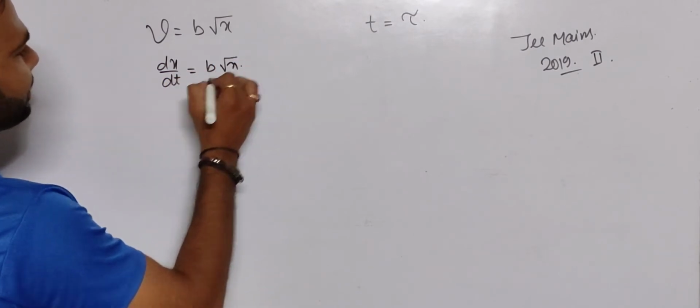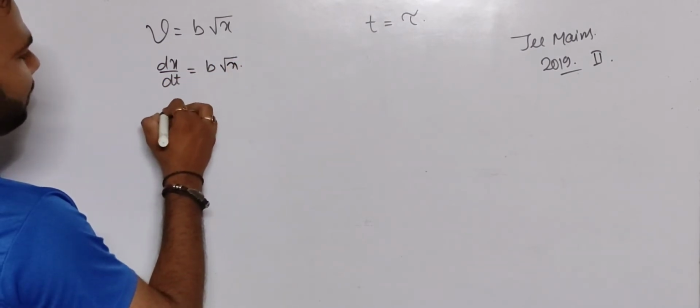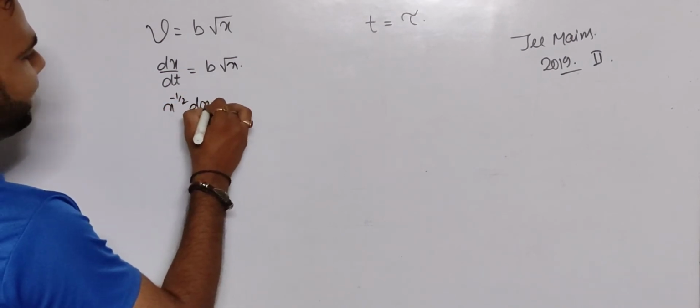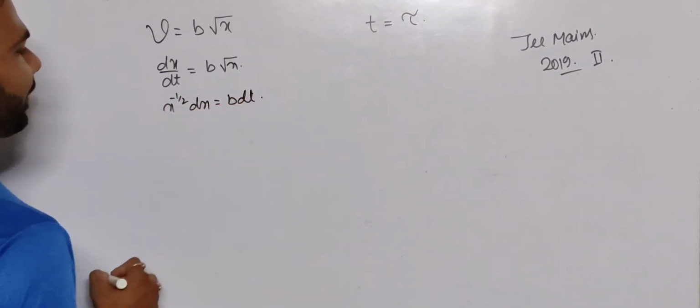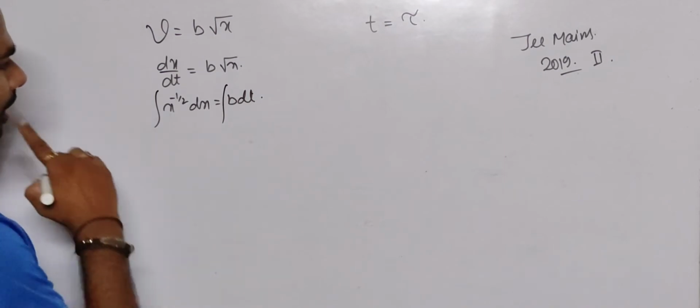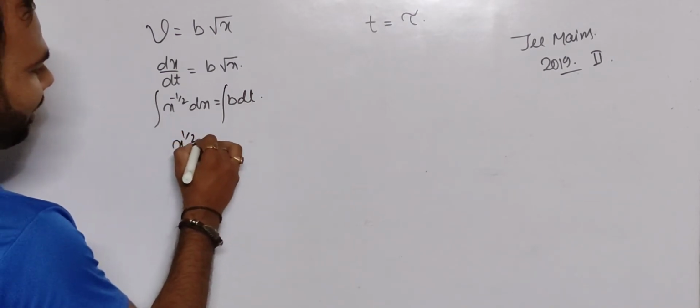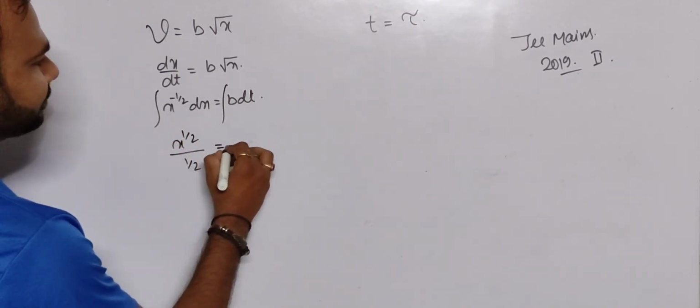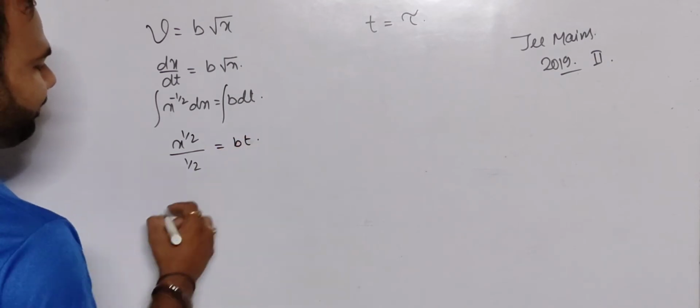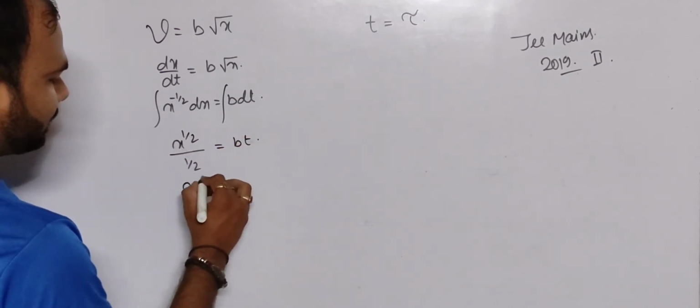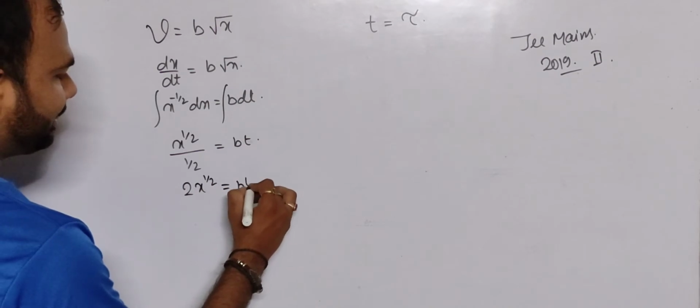b root x, x to the power minus half dx equal to b dt. Integrating both sides, we'll get x to the power half divided by half equal to bt, 2x to the power half equal to bt.